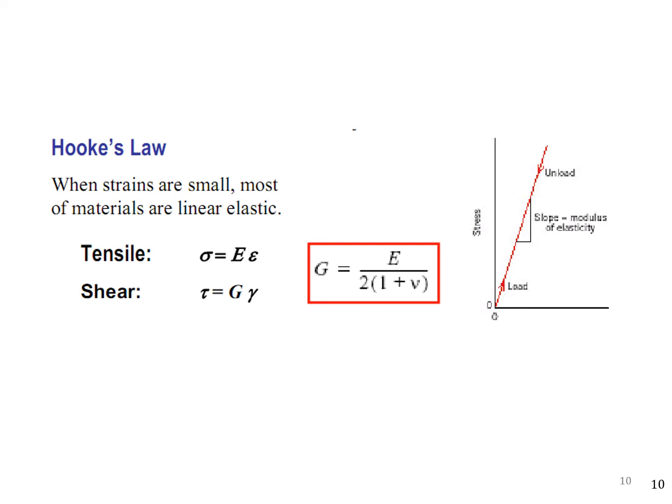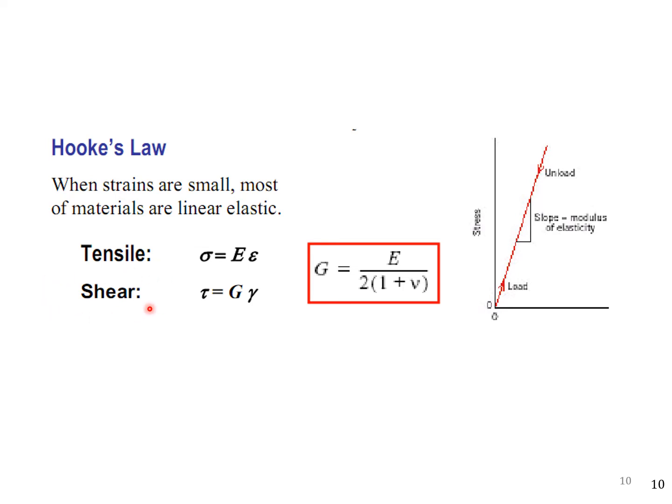Next is Hooke's law. When strains are small, most materials are linear elastic, and the ratio of their stress and strain will be equal to a constant. This constant we call E, or the tensile modulus in case of tensile loading.